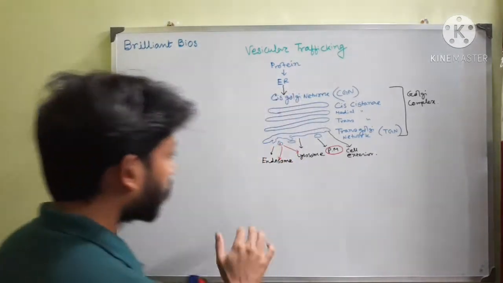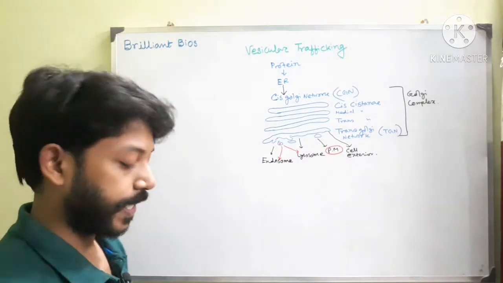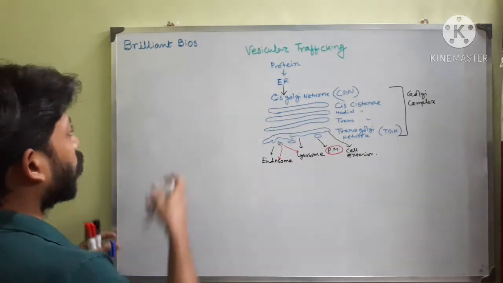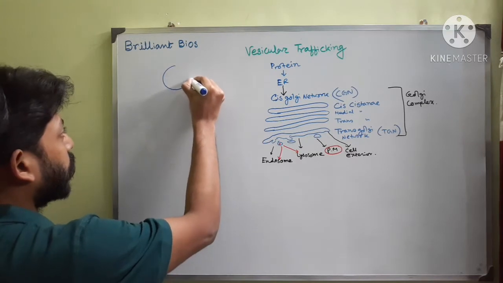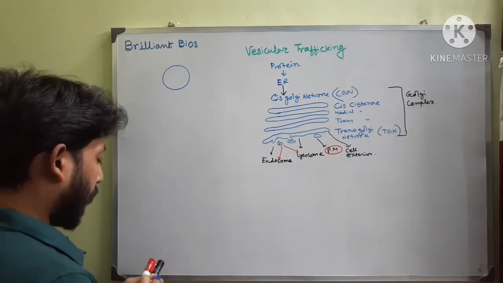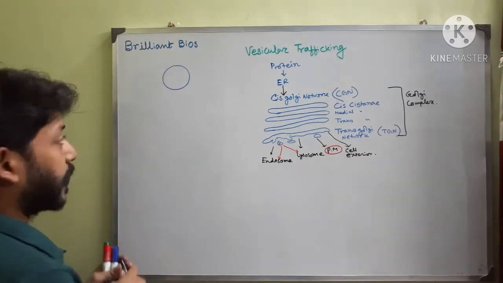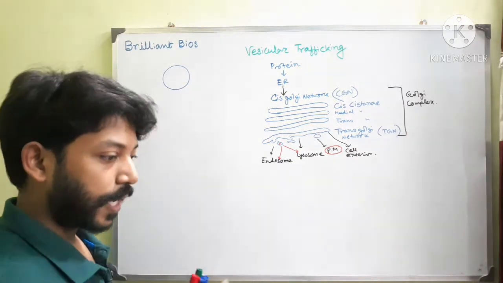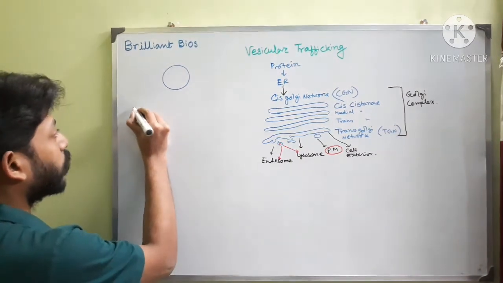So at first in this class you have to understand what LDL is. LDL is low density lipoprotein, round in shape, and there are some features of LDL that I will write.